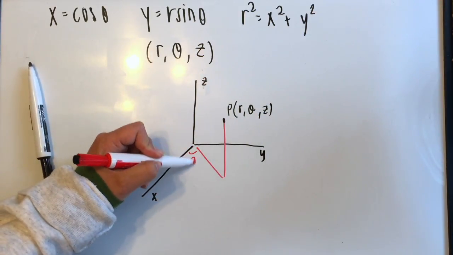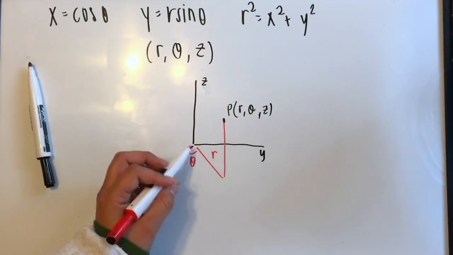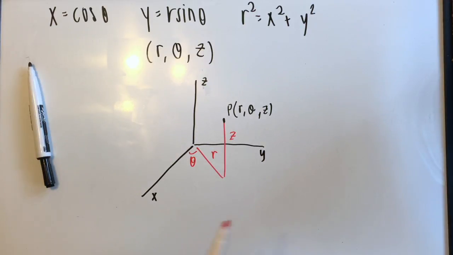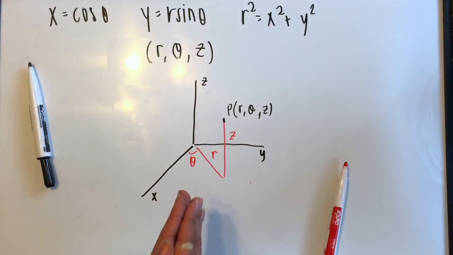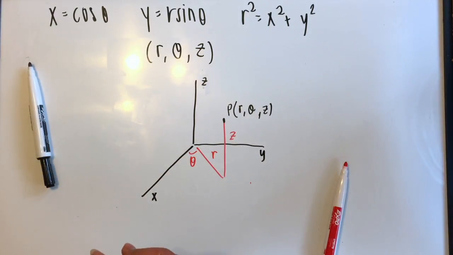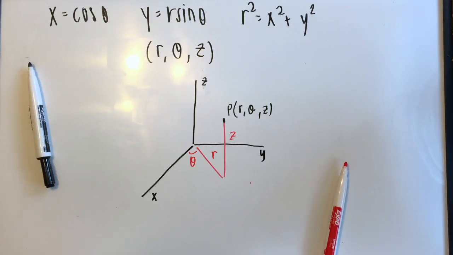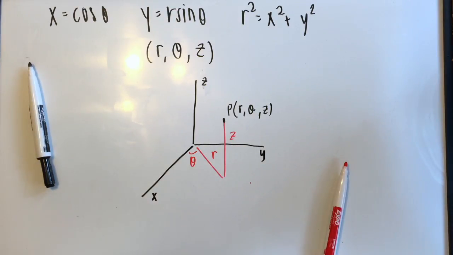And so this is our angle, theta, our r, which is our radius, and this would be our z. So this is our main graph to be able to understand this 3-dimensional space or ordered triple, which we will be using in order to evaluate triple integrals of certain regions.